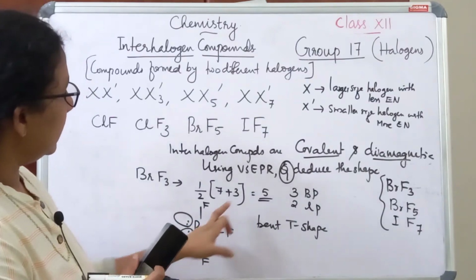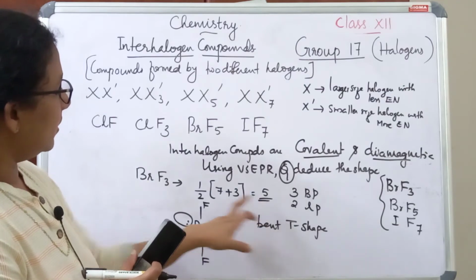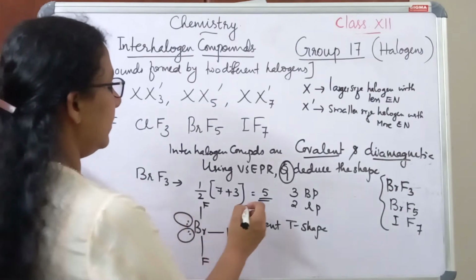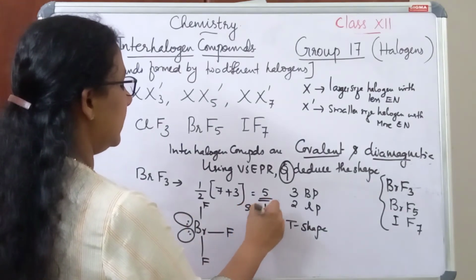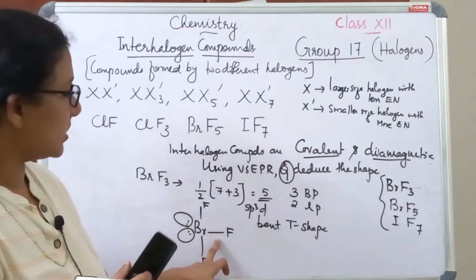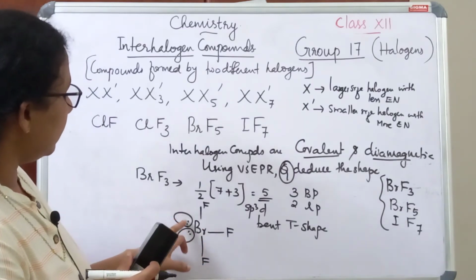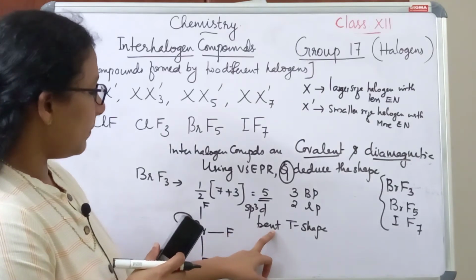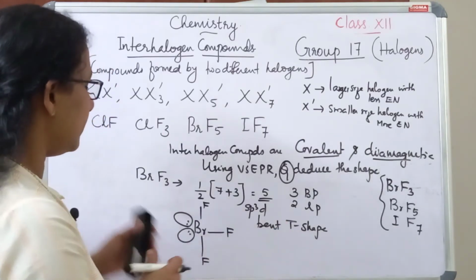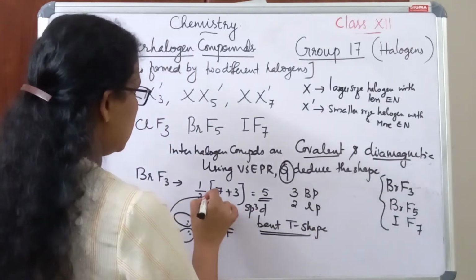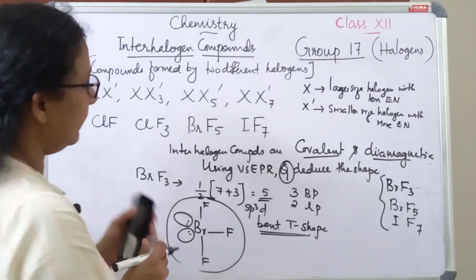If it is 5, it will be trigonal bipyramidal shape, that is sp3d will be the hybridization, and we are expecting a trigonal bipyramidal shape. But due to the presence of these lone pairs, the geometry will be bent T shape. So we need to write bent T shape, and this will be the structure of BrF3.